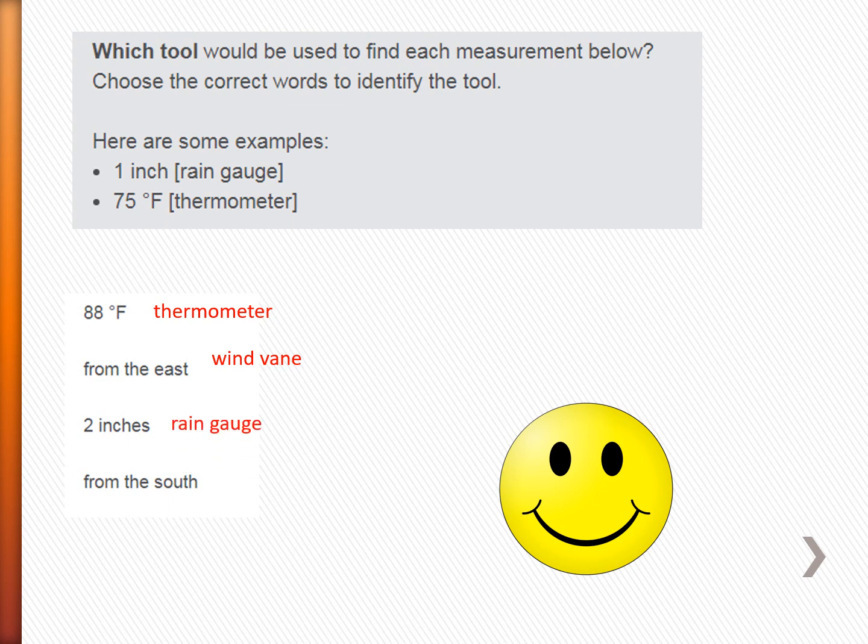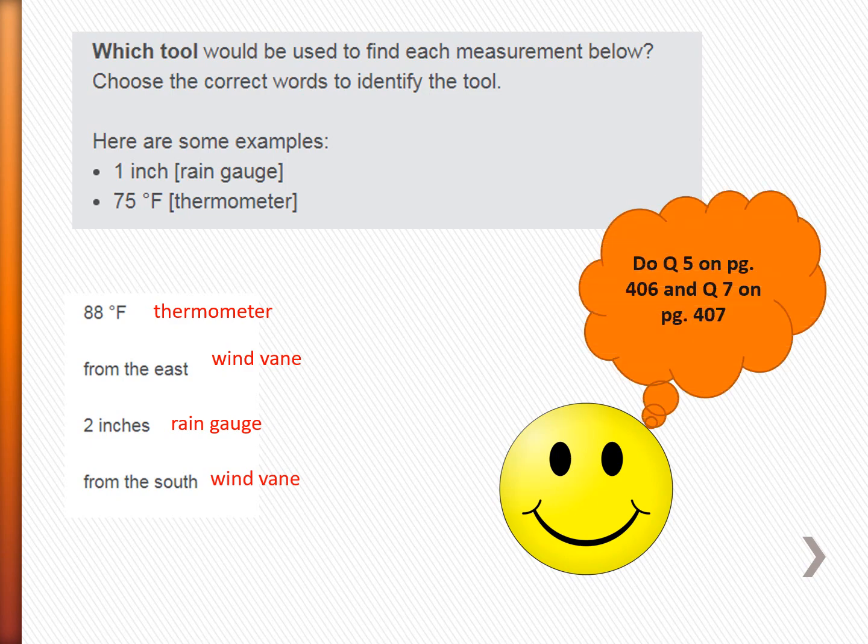Wonderful. Rain gauge. From the south. Excellent. Wind vane. My lovely students, don't forget to do question 5 on page 406 and question 7 on page 407.